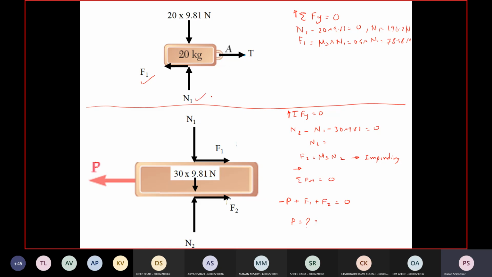These all forces are equal and opposite. F1 and N1, the directions when it comes to the second block, block B, are opposite, magnitudes are equal.